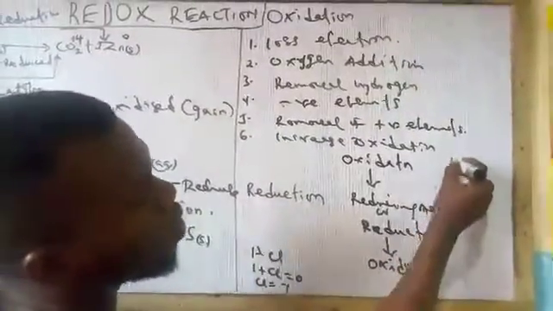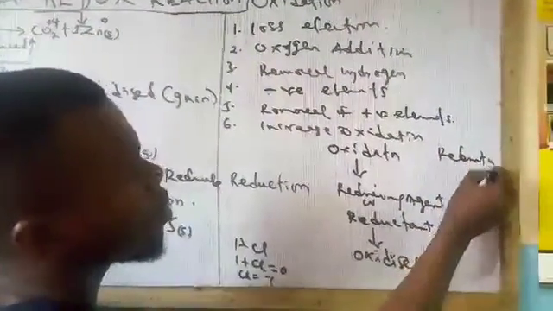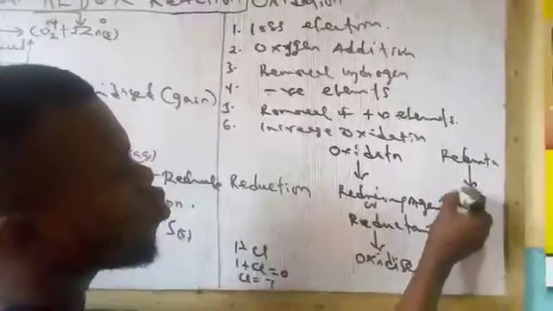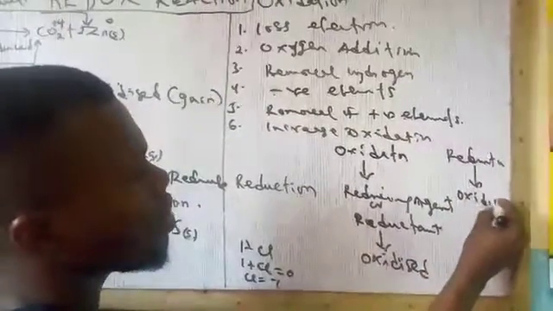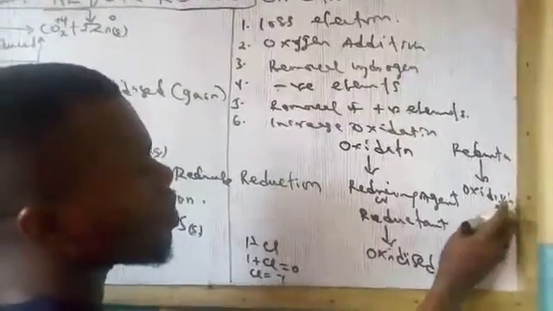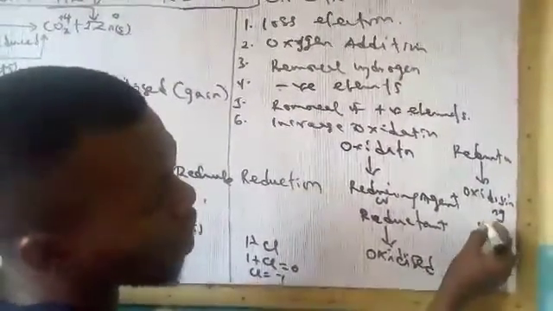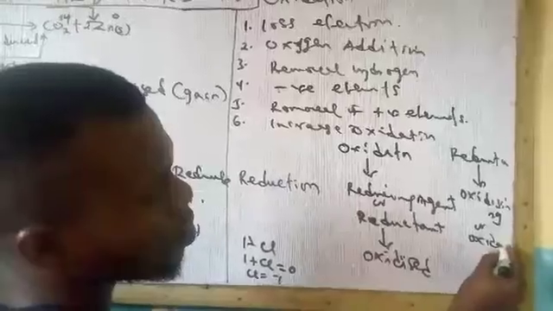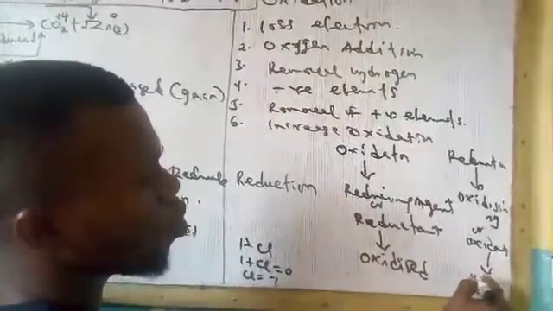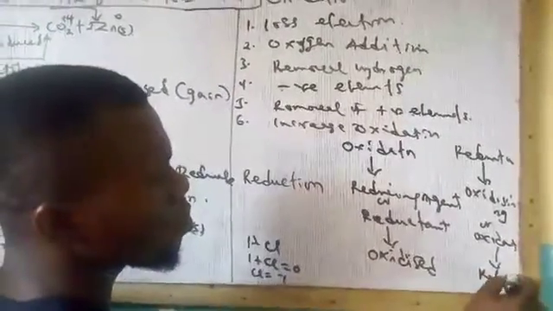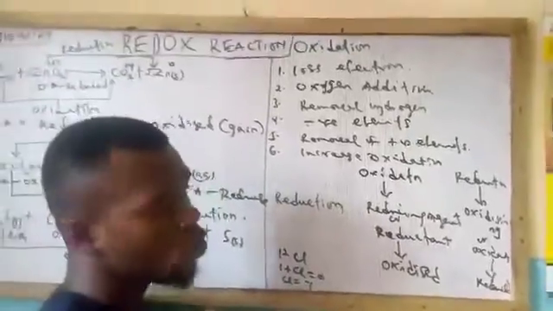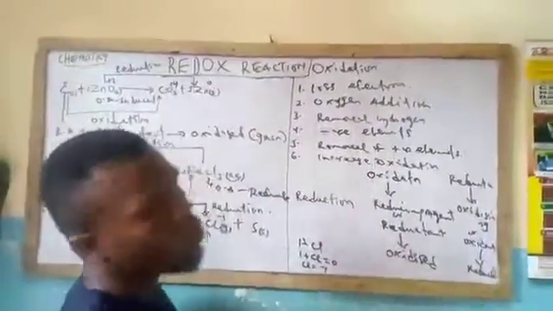And when there is a reduction process, the agent responsible is known as the oxidizing agent. This agent is also known as oxidant, and ends up becoming what? Reduced. This is the summary of this process.